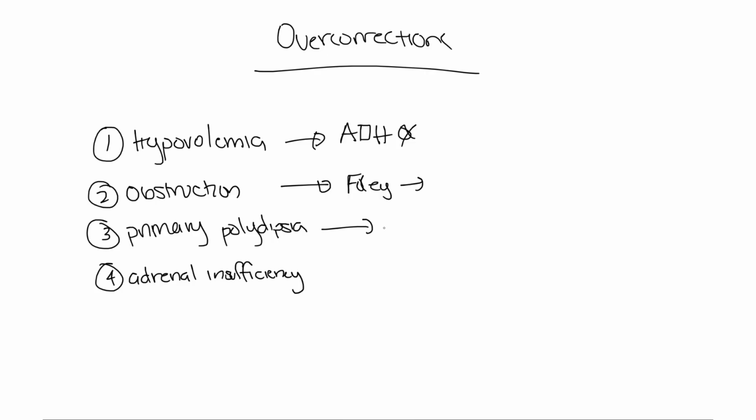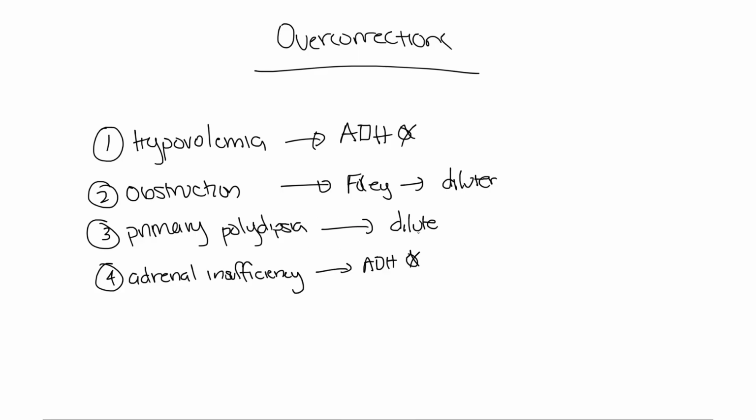We were just outstripping the kidney's ability to catch up to the dilution effect, and so they end up making super dilute urine. Adrenal insufficiency is that once we give the steroids back, ADH is going to turn off, and presumably we fix the volume contraction too, and so it's like hypovolemia, it corrects relatively quickly.